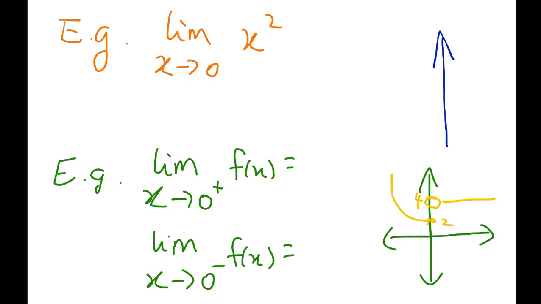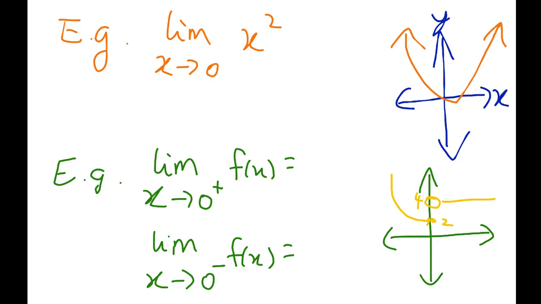Well, let's just do a little sketch of it. Here's our x squared graph, and I forgot to put down which side we're going from. So, here's a little x squared graph. I know it's not very accurate. Okay.